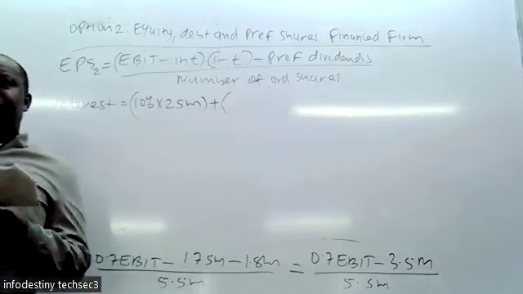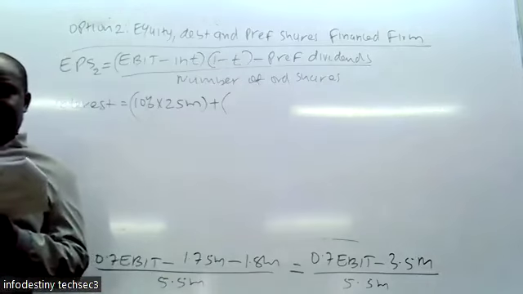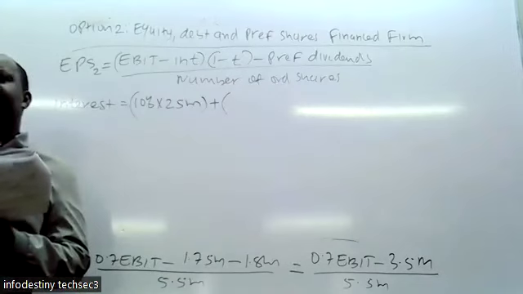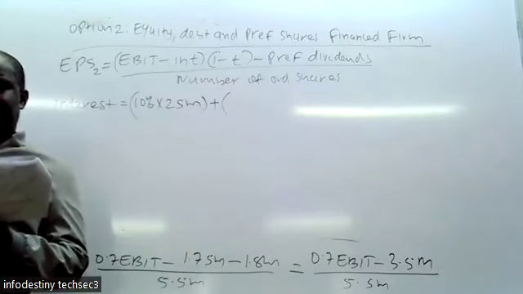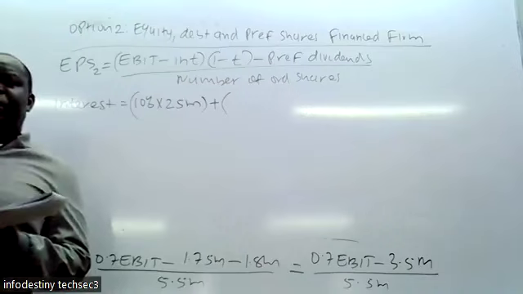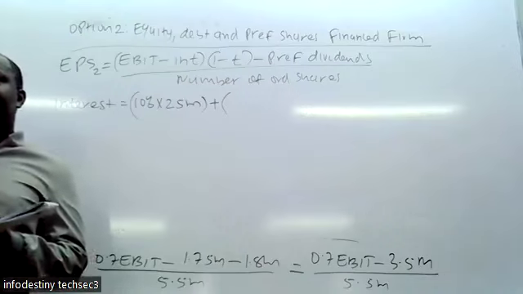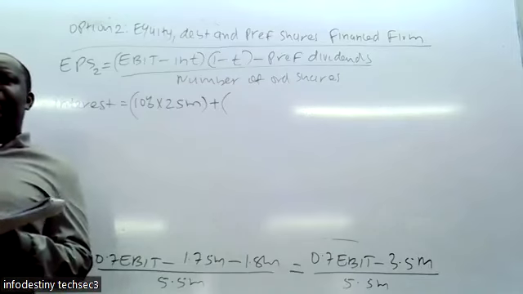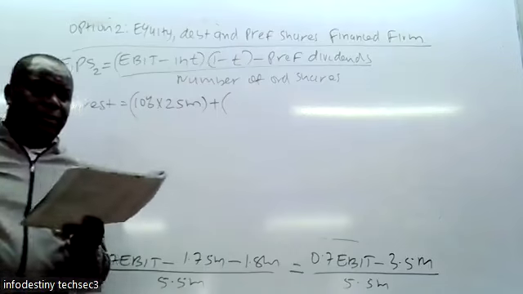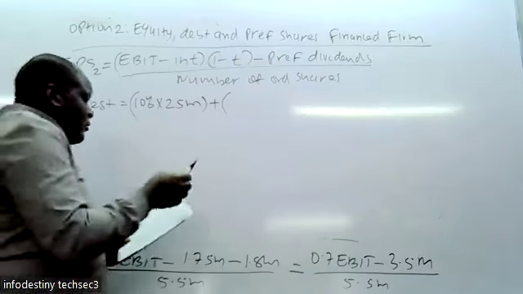Under option 2, are you able to see option 2? Issue new ordinary shares at par to raise how much? 30 million. And the balance will be raised through the issue of the 15% debenture. The total amount we want to raise is 50 million, so if 30 million is coming from ordinary shares, the balance for the debentures is 20 million.